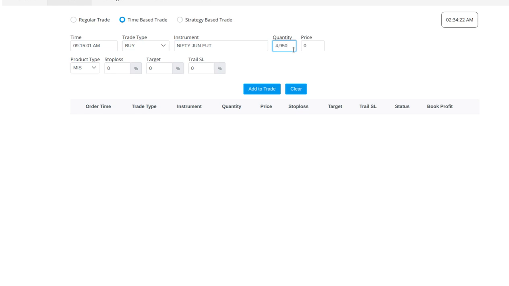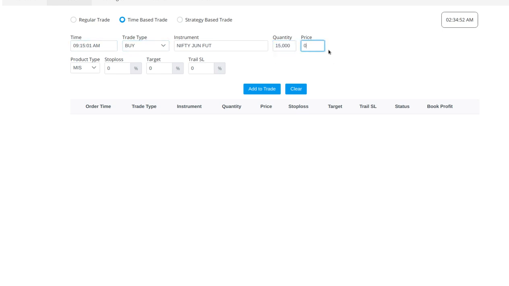But this is a limitation from the exchange side. If you want to place 15,000 quantity, it will fire four or at least multiple orders until the quantity is equal to 15,000, and then fire them individually at the same time.